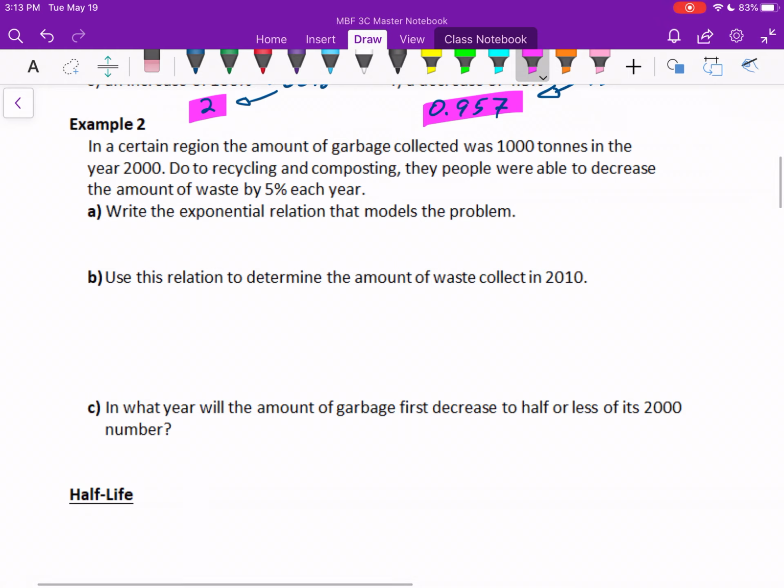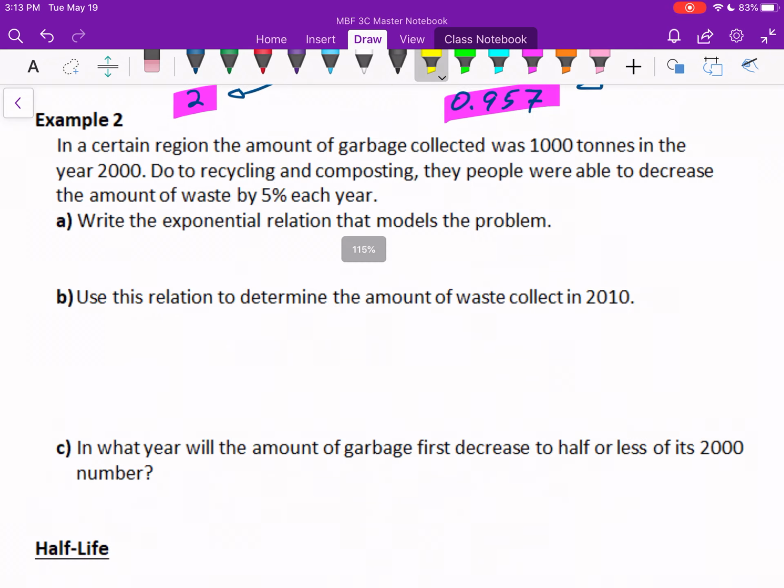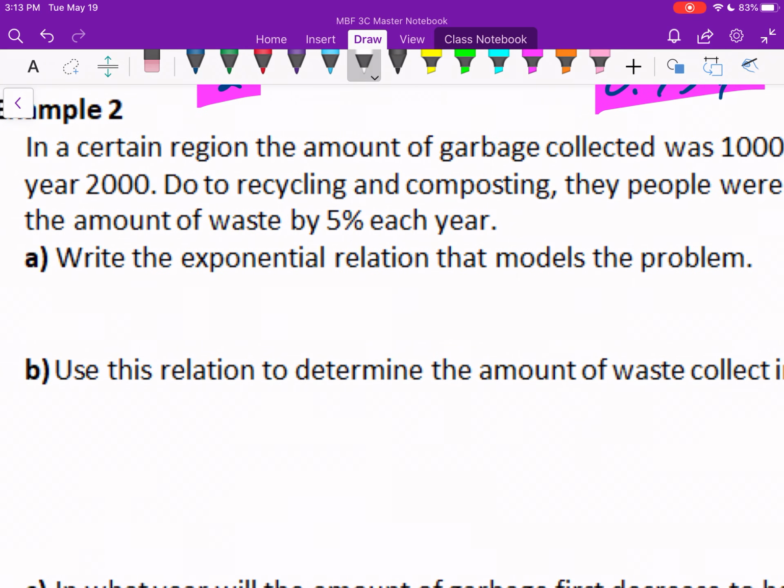Example 2. In a certain region, the amount of garbage collected was 1,000 tons in the year 2000. Okay, no problem. Due to recycling, now, this "do" is spelt wrong. It's the wrong "do" we got here, and that's going to bug me. D-U-E. That's the correct "due".